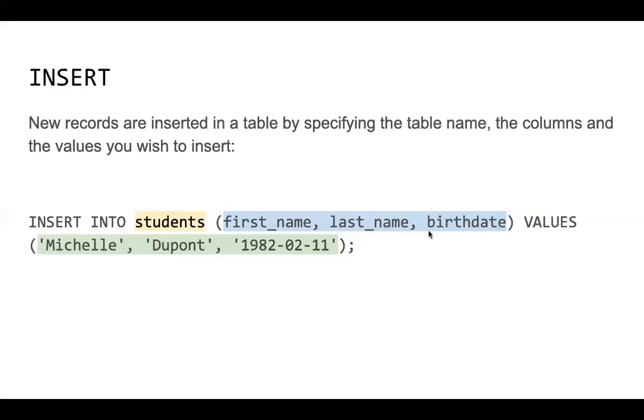You could just leave that out. Think of it like when we do this in Python, when you assign variables, you do this equals this, this equals that. The order doesn't matter because you're specifying what it is. So long as the thing you're updating here is in the same order down here, as long as those two match up, it's fine. You don't need to include anything you're not actually going to update or insert.